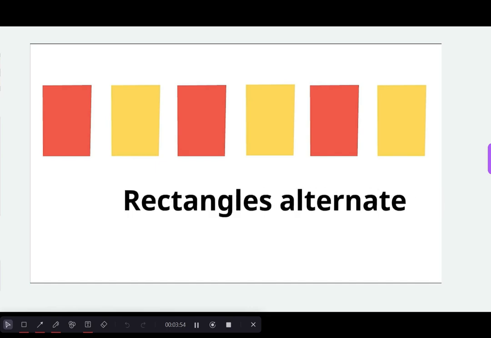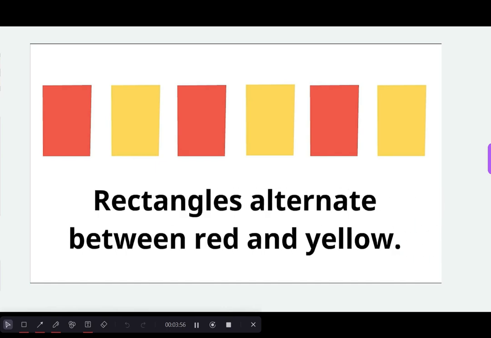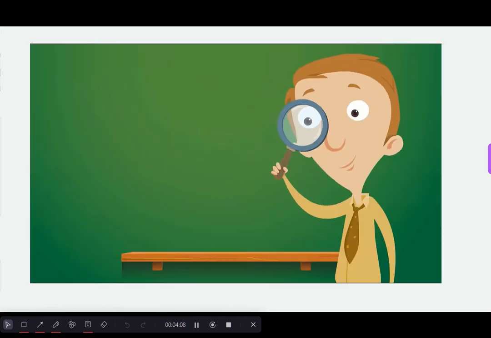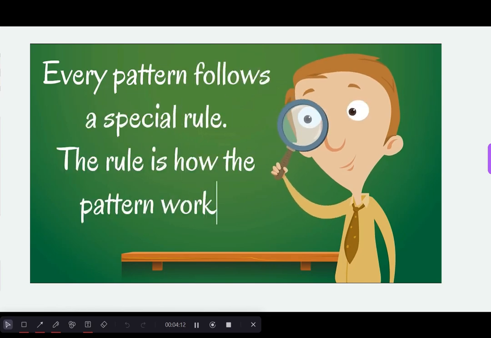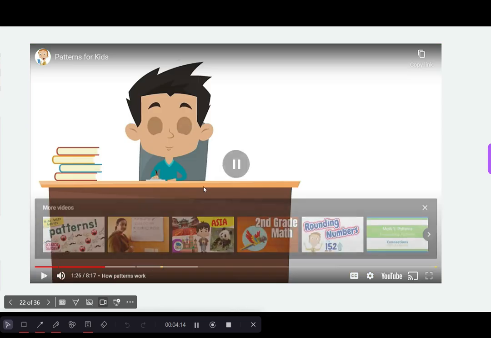Well, rectangles alternate between red and yellow. Do you see that? The rule tells us how the pattern works. In this pattern, rectangles alternate between red and yellow. So remember, every pattern follows a special rule. The rule is how the pattern works.